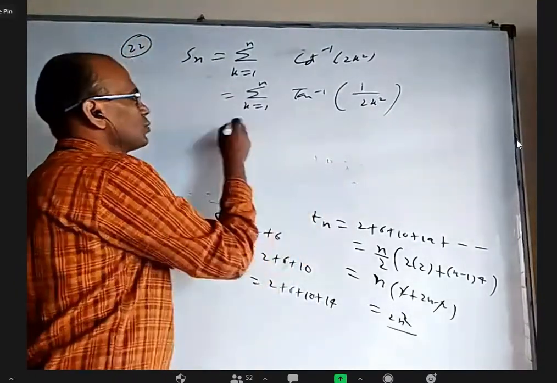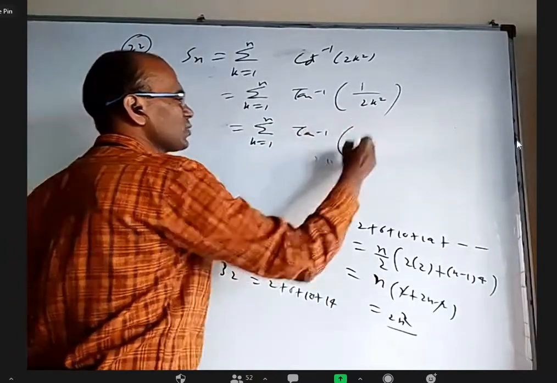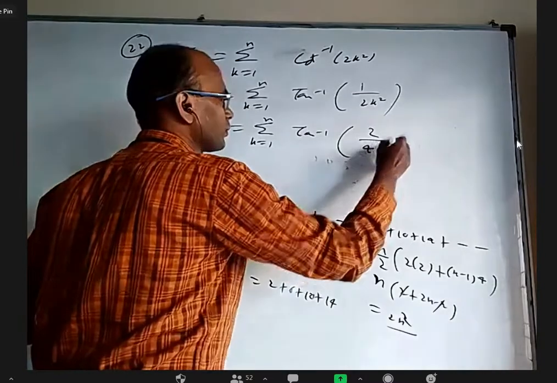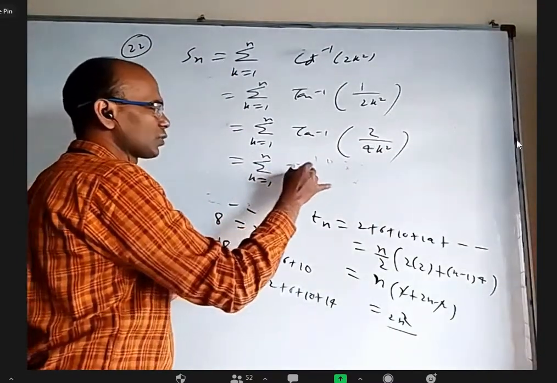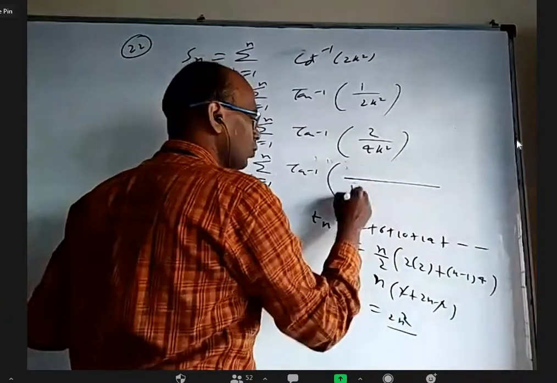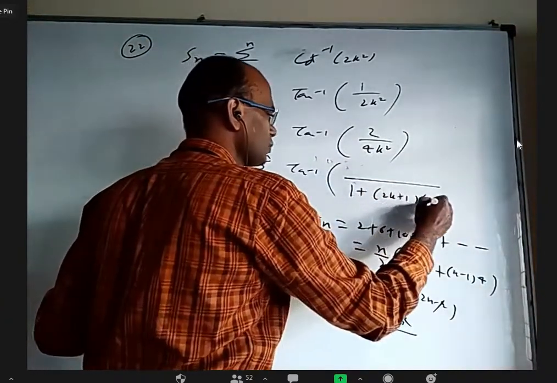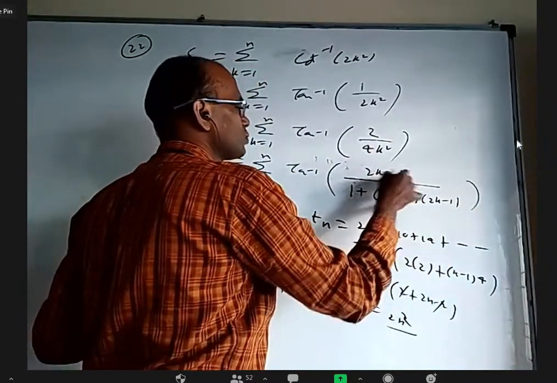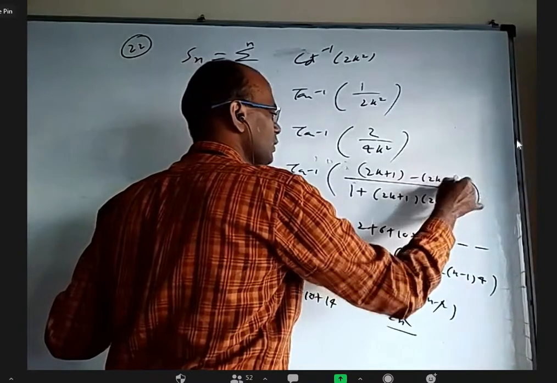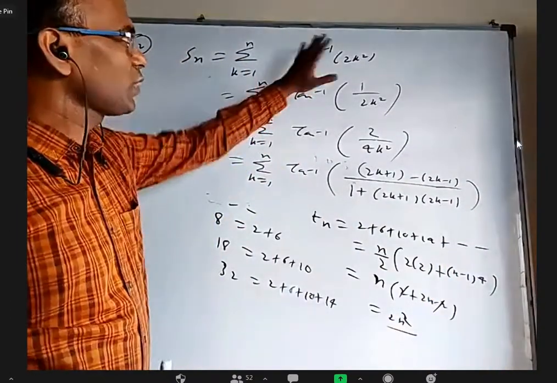So what I am going to do, sigma k equal to 1 to n, I will write tan inverse 2 by 4k square. That I can write sigma k equal to 1 to n tan inverse 2 by 1 plus 4k square minus 1. I can write 4k square minus 1 as 2k plus 1 into 2k minus 1, whose difference is exactly 2, which is 2k plus 1 minus 2k minus 1. So it's just a matter of getting an idea that, first of all, you have to find the nth term.